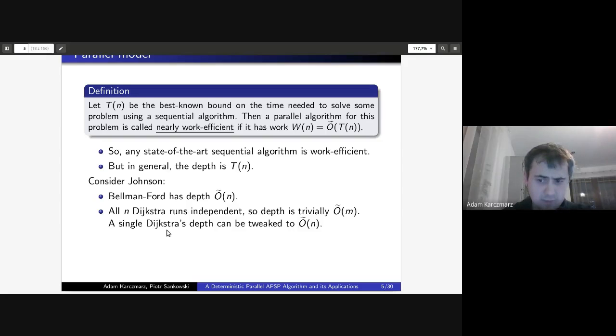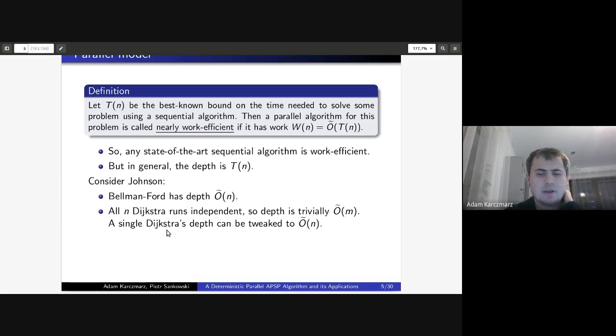Often we have some natural parallelism in the algorithms we study. For example, consider Johnson's algorithm. We will see in a moment that its first step, namely Bellman-Ford, has depth linear in n, and moreover, all the subsequent Dijkstra runs are independent, so the depth trivially reduces to roughly n.